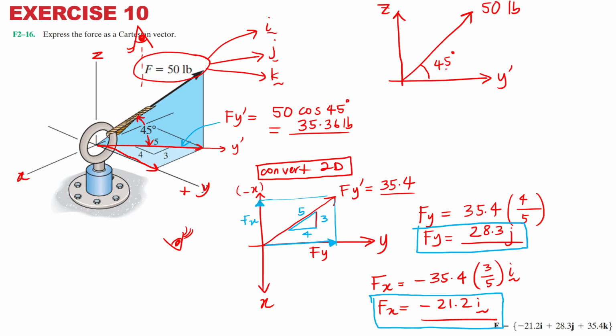So this one is very easy. This would be the component of your fz. This was solved before. This was fy prime. So fz is equivalent to 50 sine 45 degrees.